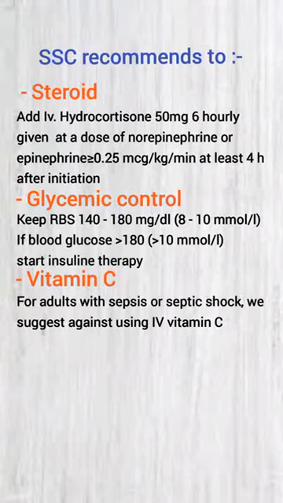Also, it recommends keeping random blood glucose from 140 up to 180 mg per deciliter, and to start insulin therapy if random blood sugar is more than 180 mg per deciliter. Also, intravenous vitamin C is not recommended in sepsis or septic shock.